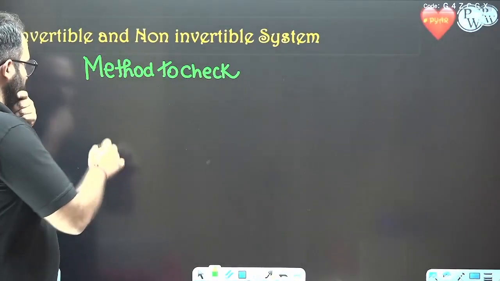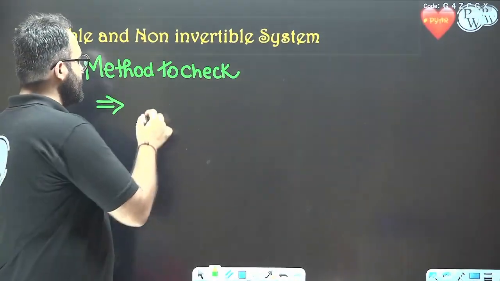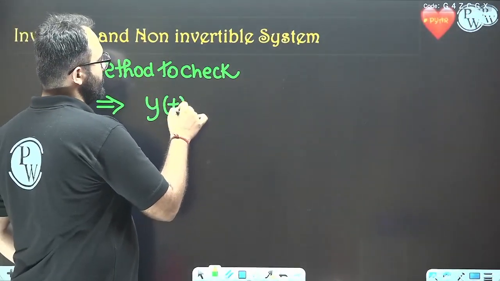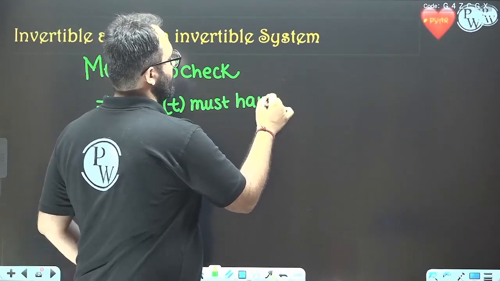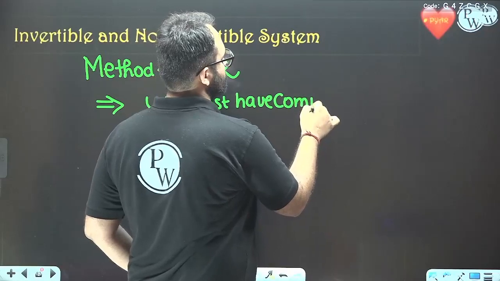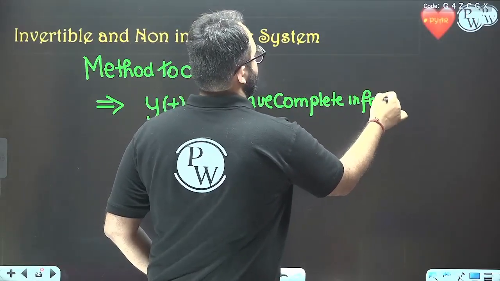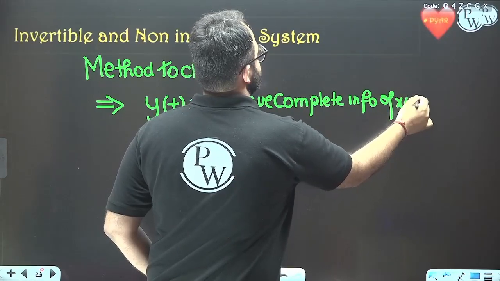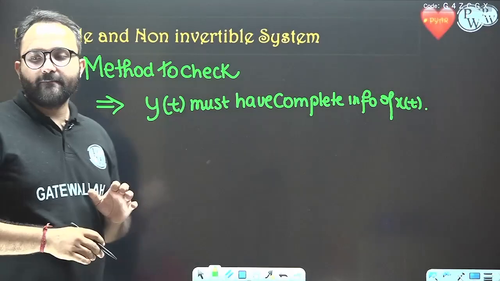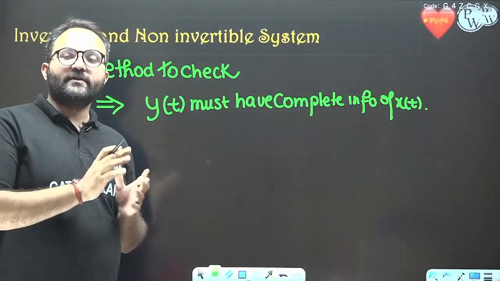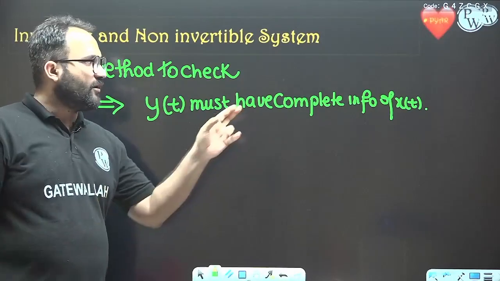First, y(t) must have complete information of x(t), which means the output should have complete information, complete values, about x(t).